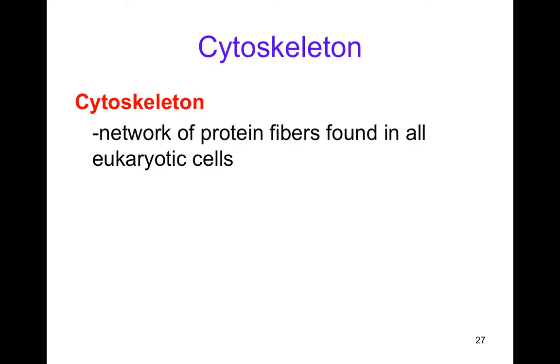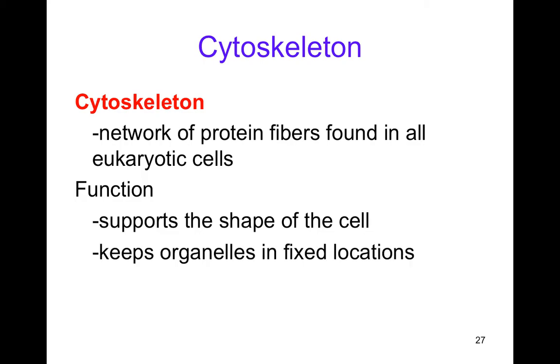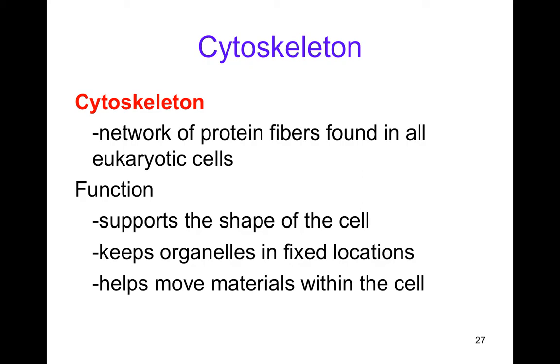Almost done. The cytoskeleton is the last thing we'll cover. It's very similar to the skeleton of your body. The cytoskeleton is a network of protein fibers found in all eukaryotic cells, and they support the shape of the cell, keep the organelles in fixed locations, and also help to move materials within the cell. Just like your bones, if you didn't have bones, you'd be a pile of tissue.